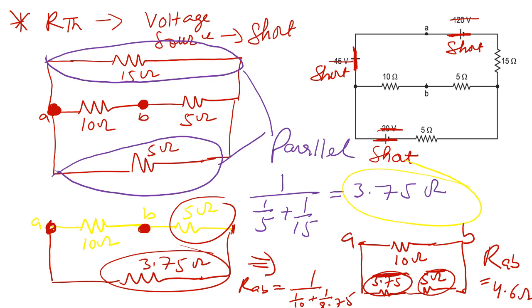After the calculation it will come 4.6 ohm. Now you have to draw the Thevenin's equivalent circuit.